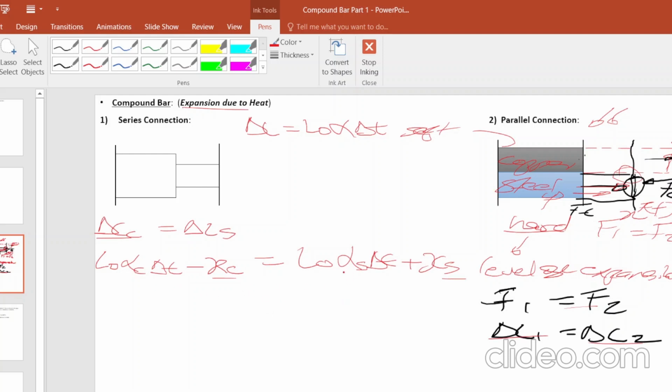Now, we will then say the linear coefficient of copper, change in temperature of steel. Then we'll transpose this to the left hand side. Then it will be minus the linear coefficient of steel multiplied by the change in temperature equals to, then we'll transpose this one to the right hand side, then it will be XC plus XS.